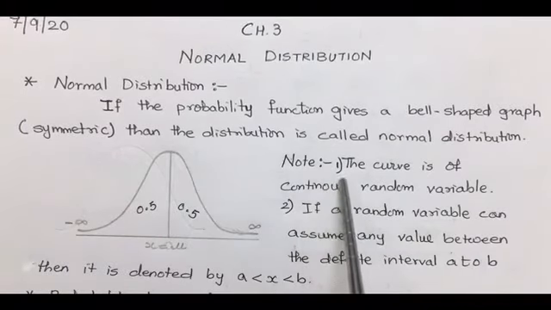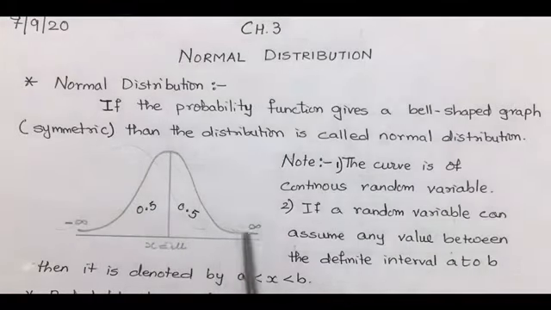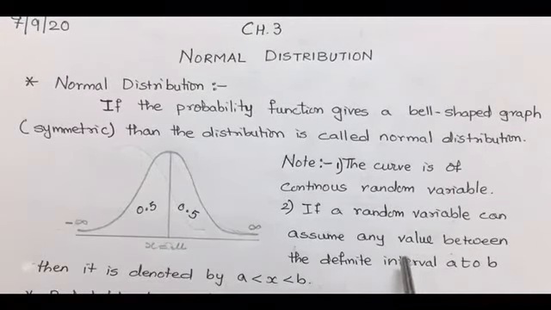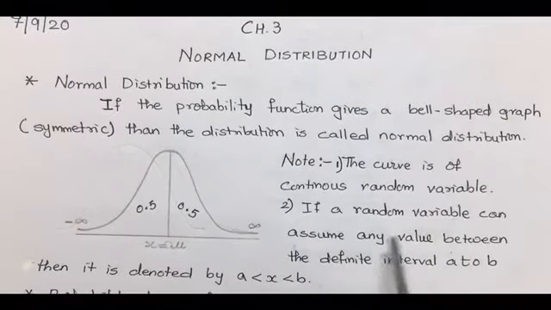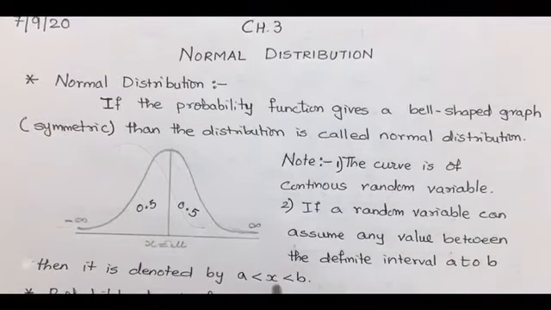The note says that the curve is of continuous random variable. Now here whatever the graph is drawn, the curve is moving smoothly without any break, hence it is called to be continuous. Second note is, if a random variable can assume any value between the definite interval a to b, then it is denoted by a less than x less than b.